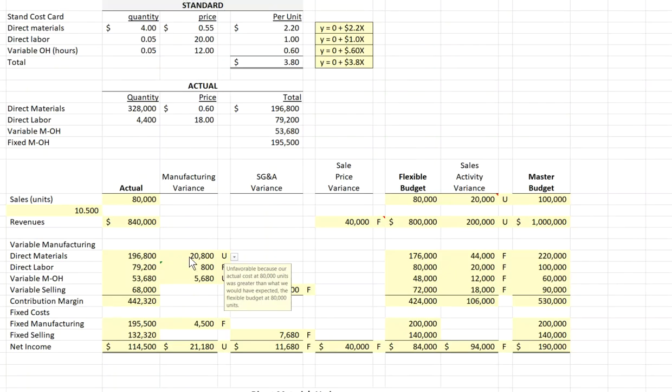We will break down this $20,800 unfavorable direct material variance into a price and quantity variance. We will break our labor variance down into a price and quantity variance, typically not called price and quantity, but rather referred to as efficiency and rate. And the same thing with our variable manufacturing overhead. And we will also isolate and break down our fixed manufacturing overhead variance.